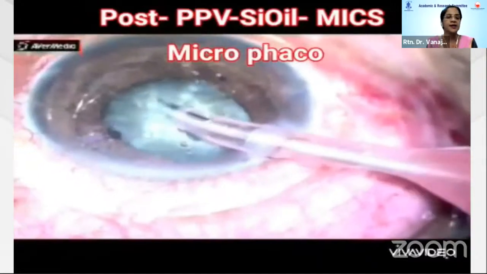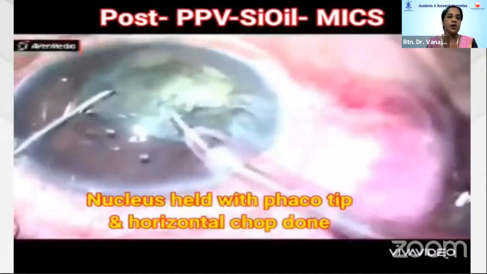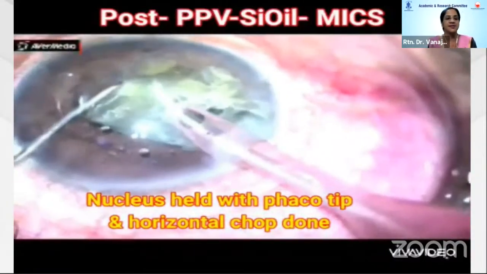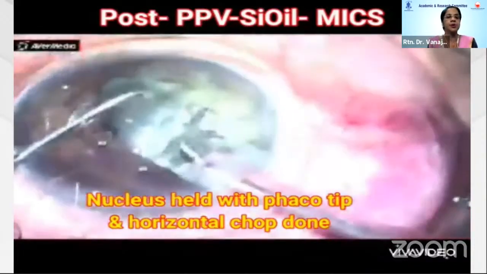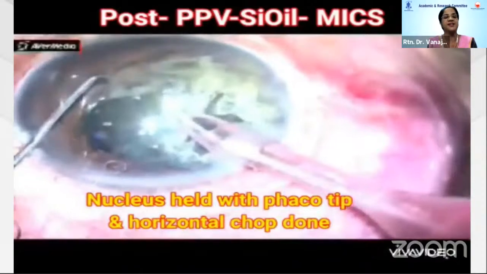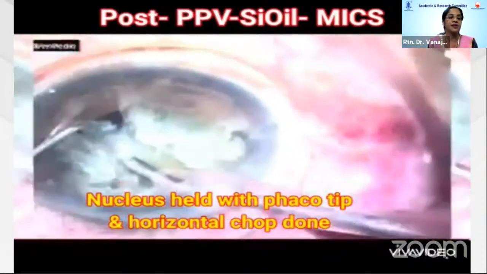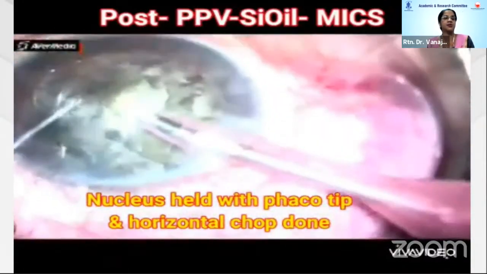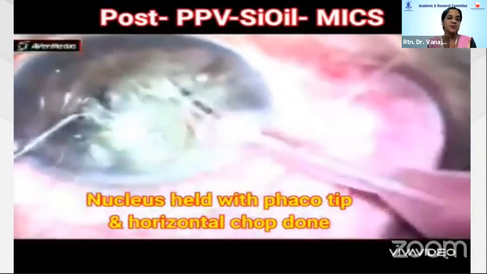When I did the hydrodissection, I found oil droplets coming. I knew the bag was not stable and there was some PC opening somewhere due to the previous surgery. So I decided to collapse the nucleus into the anterior chamber and do a peripheral chop, or the horizontal chop, at the iris plane.